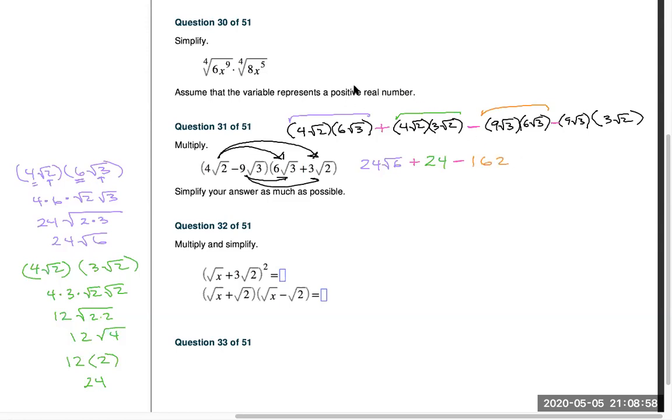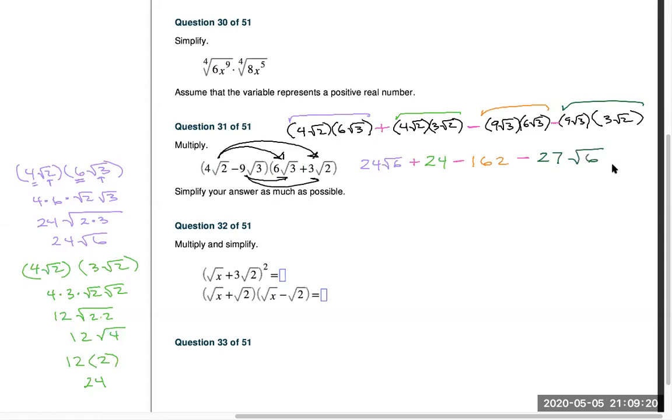And then we have another negative sign. 9 times 3 is 27. And then root 3 times root 2 is root 6.